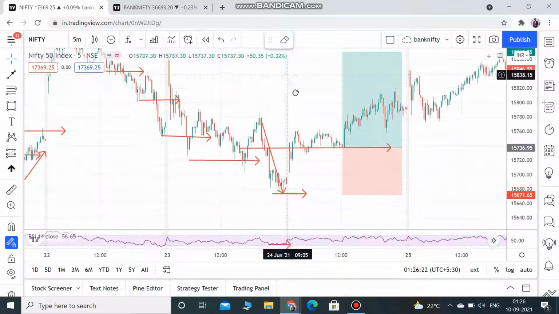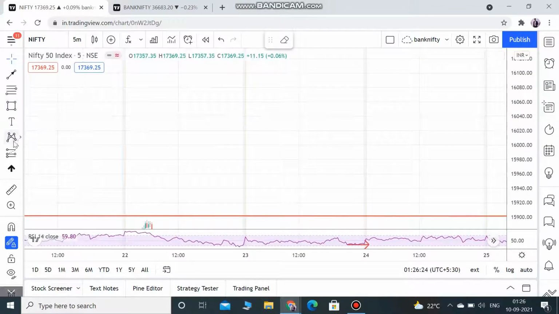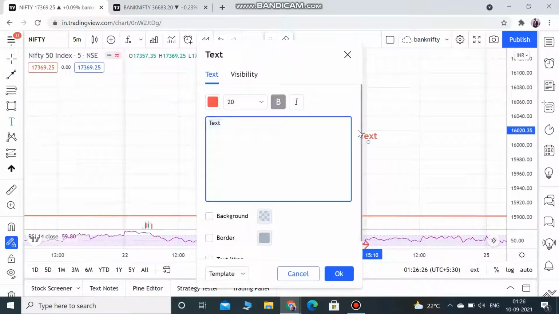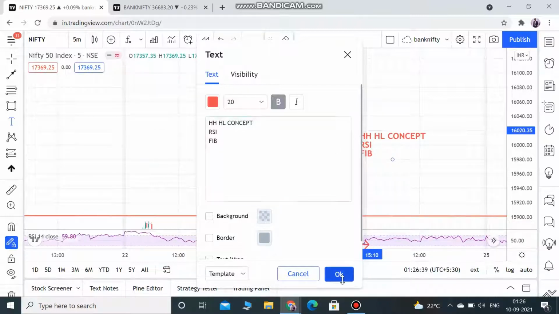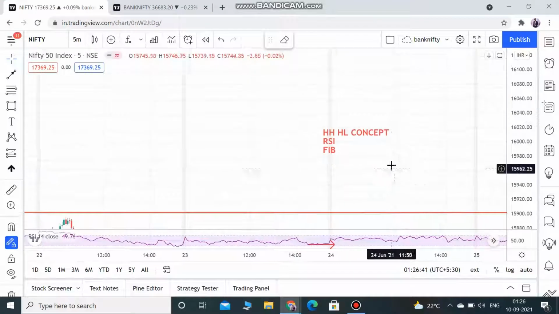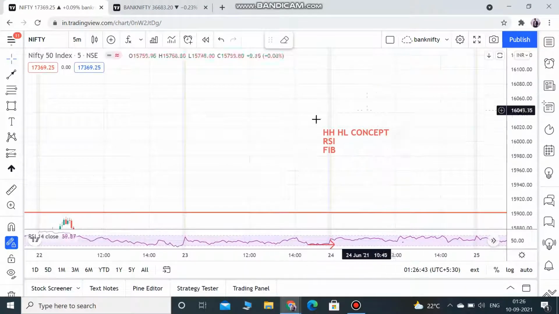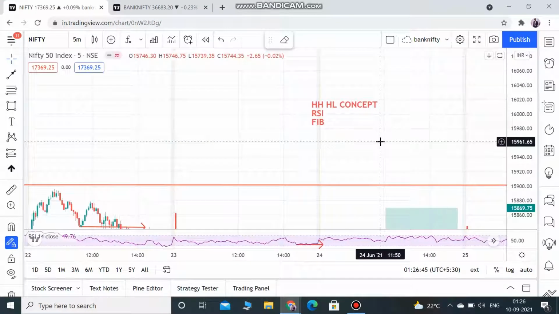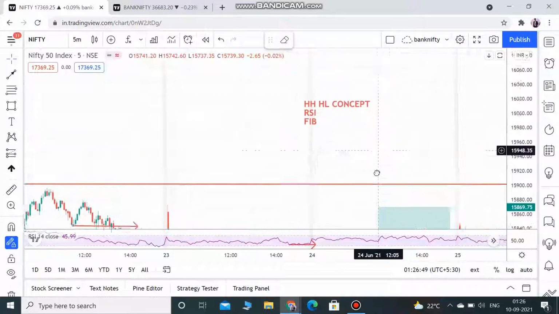So dealing with trend and stop loss, you have to know the higher high and higher low concept, RSI, and Fibonacci would also be recommended. So try these things so that you will know what the market is doing, and you can know the sentiment of the buyers and sellers.